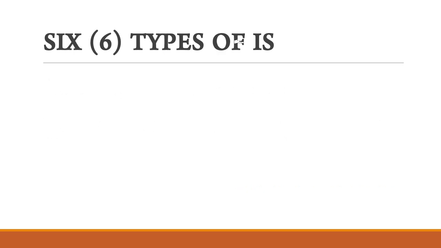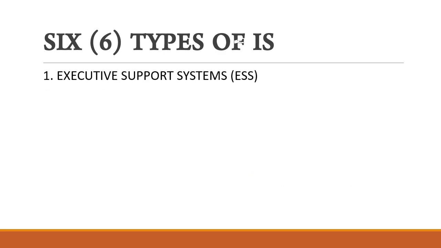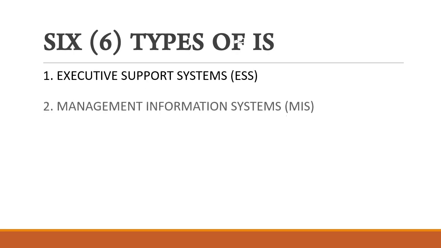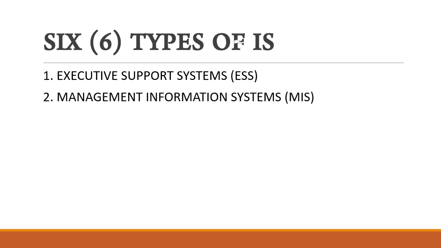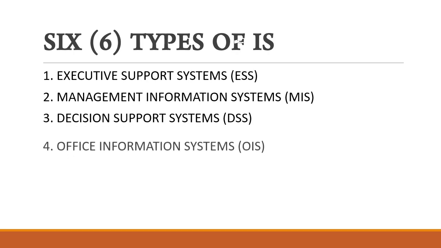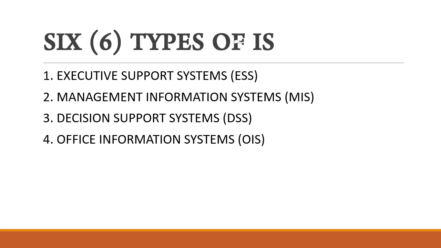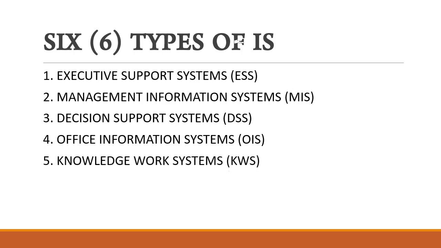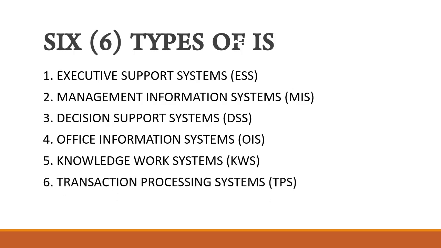For example, information systems can be classified into 6 categories: Executive Support Systems (ESS), Management Information Systems (MIS), Decision Support Systems (DSS), Office Information Systems (OIS), Knowledge Work Systems (KWS), and Transaction Processing Systems or TPS.